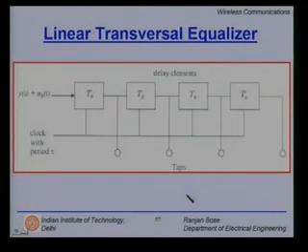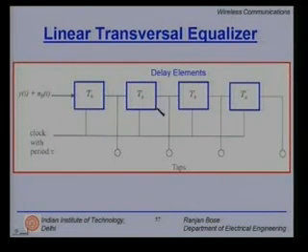In this slide, we have a simple structure for the LTE or linear transversal equalizer. As you can see, we have the delay elements. Ts represents the symbol duration. Here you have yt plus nb(t). nb(t) represents the baseband noise. Please remember, the equalizer is designed to work in the absence of noise.